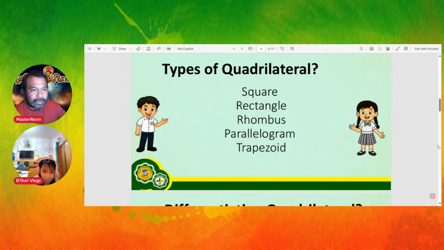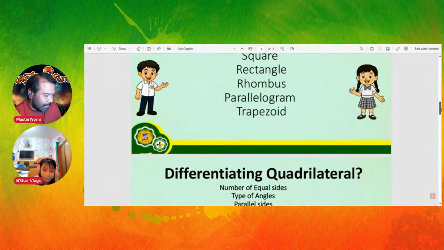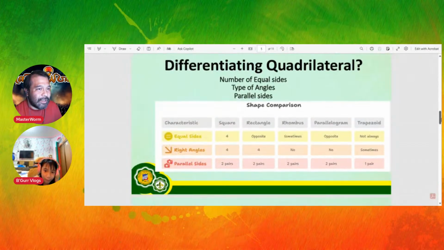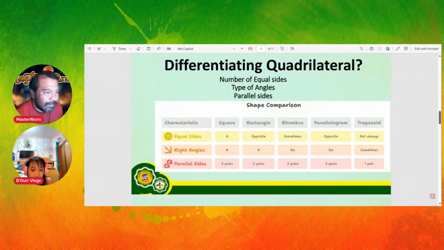All right, so now we have differentiating quadrilaterals: number of equal sides, the type of angles, and parallel sides.